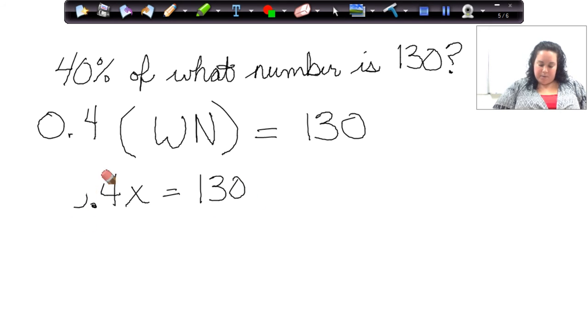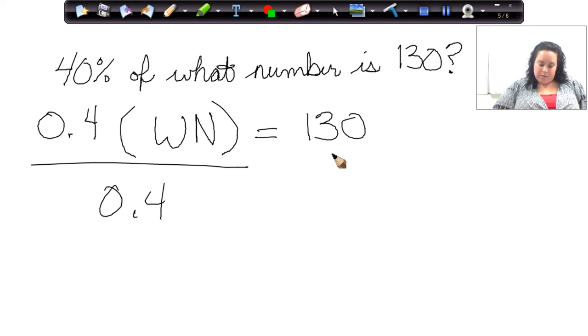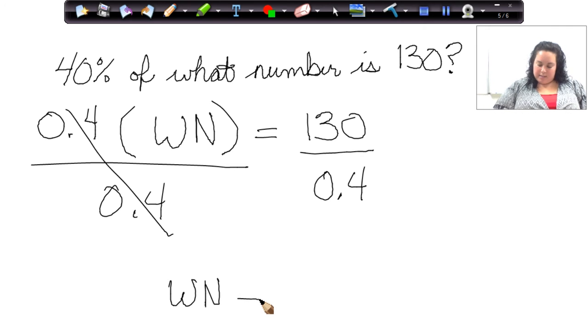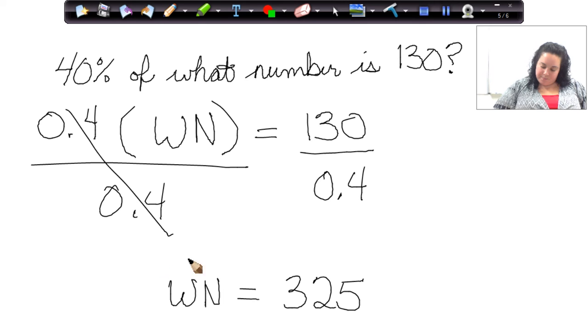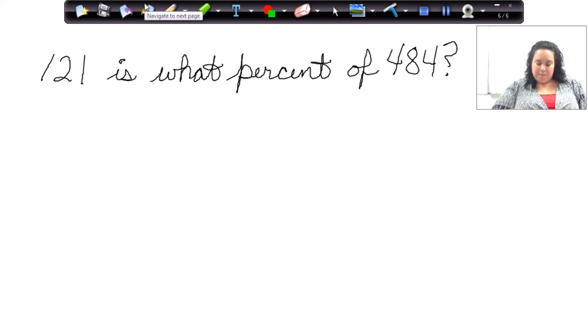I like to use what number, but we can use x too. So then we have 0.4 times the variable is 130. Divide both sides by 0.4. And we get that the number is 130 divided by 0.4, 325. All right, great.